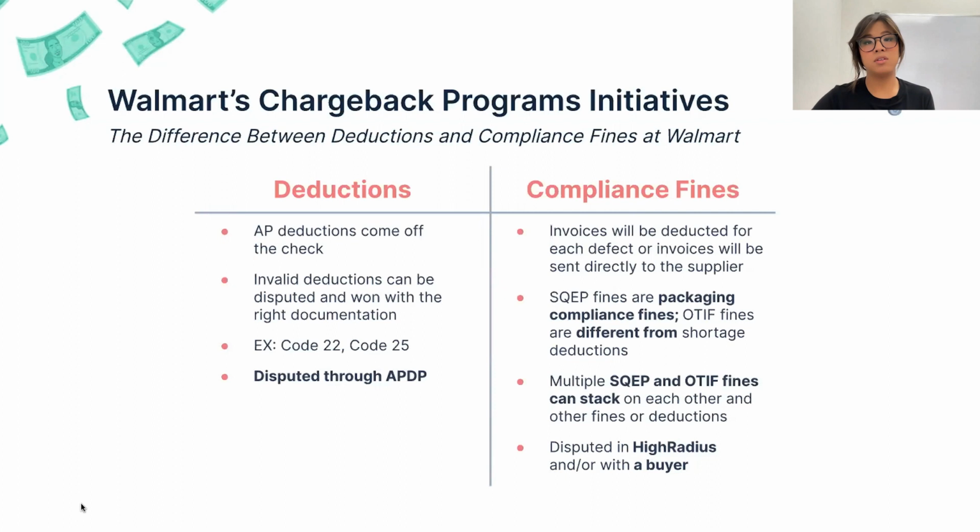One thing for you to know as well, in case you're not as familiar with the process. This used to be a Walmart internal process, them reviewing deduction disputes, but they have since outsourced this to Genpact, a team based in India. In the last probably 6 months, we have seen a huge volume of deduction disputes going through APDP to Genpact.